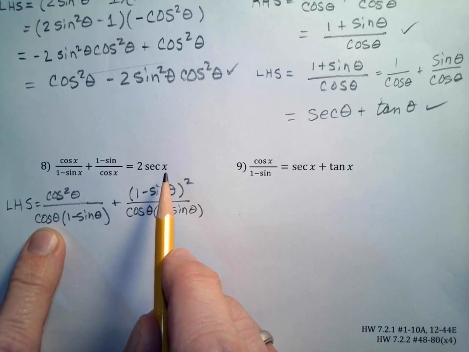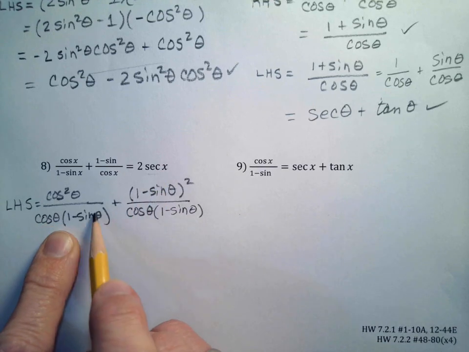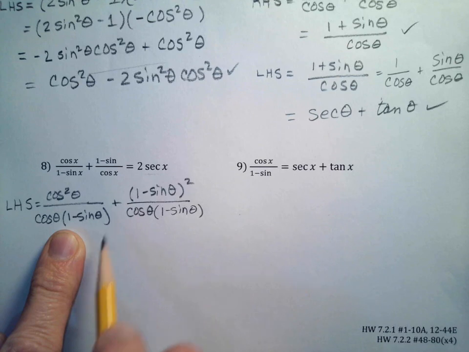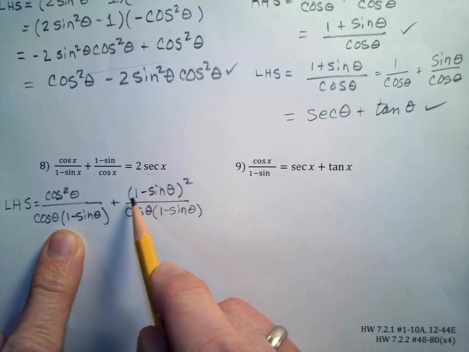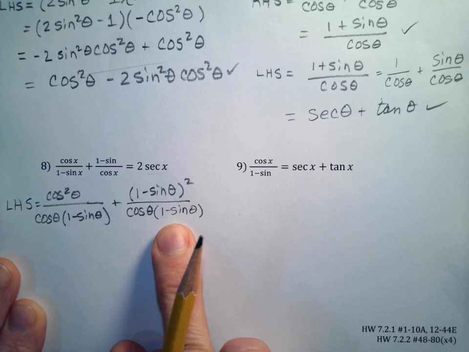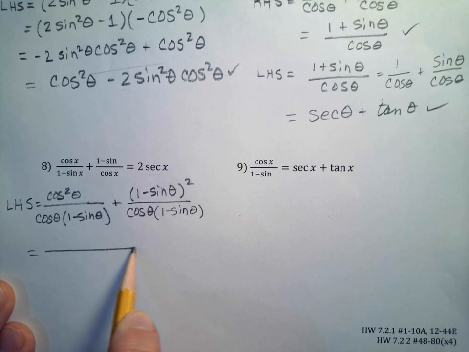So that's a cosine downstairs would be good. So we want to be able to get rid of this 1 minus sine. So we're hoping that we'll be able to cancel something. Okay, remember, don't cancel one of them here with this. We need a common denominator that is the same. So don't go backwards.